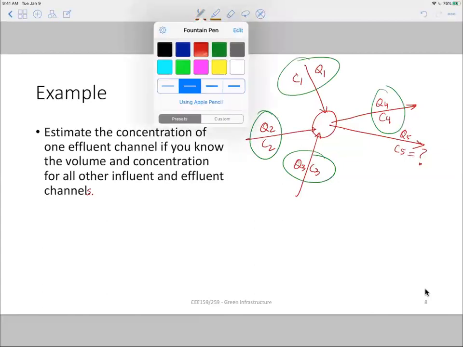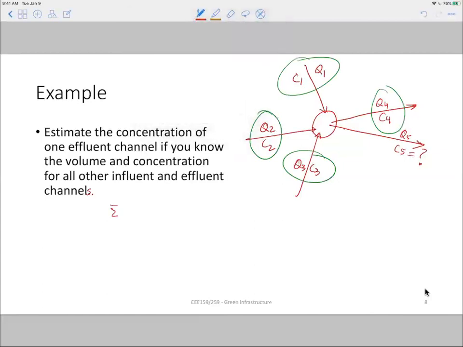Well, based on the mass balance, we know that the sum of Q in should be the sum of Q out. These are the arrows getting in, so that's Q in. So you can write Q1 plus Q2 plus Q3 must be equal to, these are the two leaving the system, Q4 plus Q5.